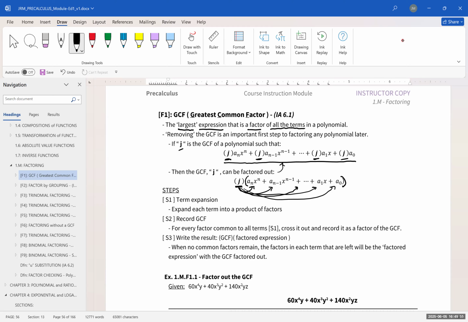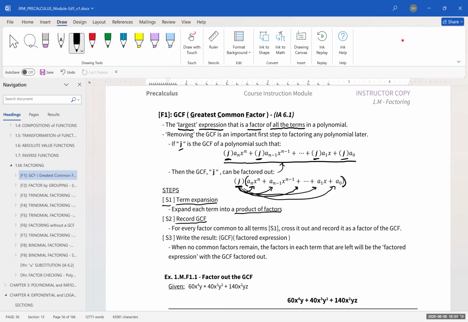So how do you go about factoring out this greatest common factor? Well, there are three basic steps. Step one is term expansion. You want to expand each term into a product of factors. Step two is to record the greatest common factor.